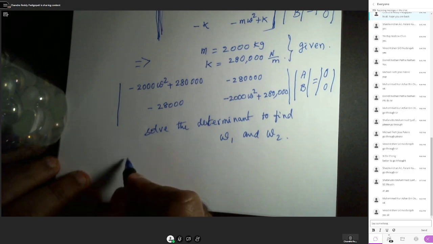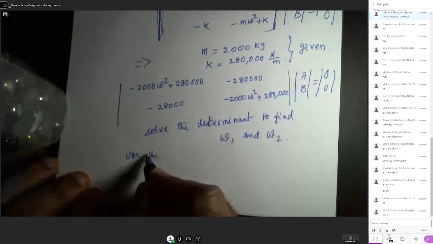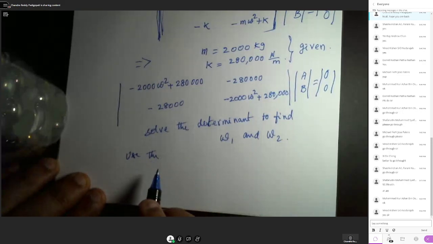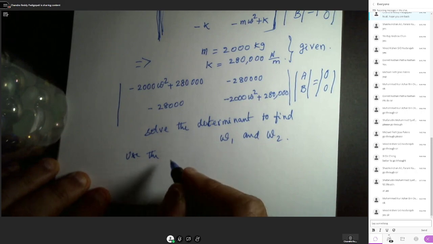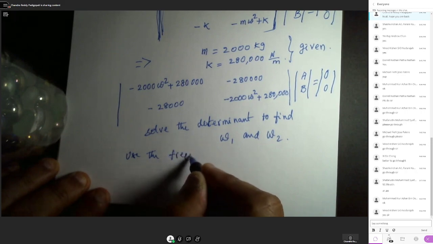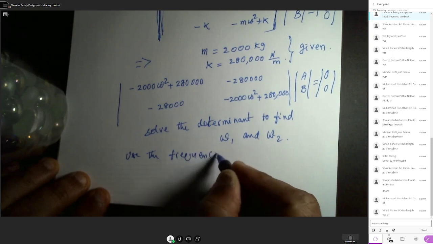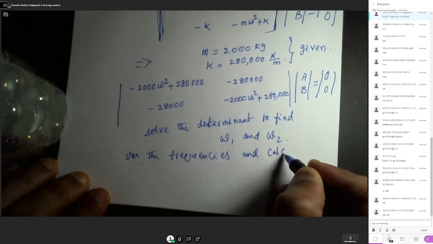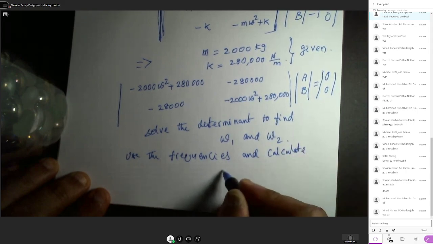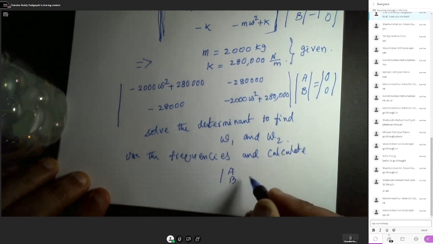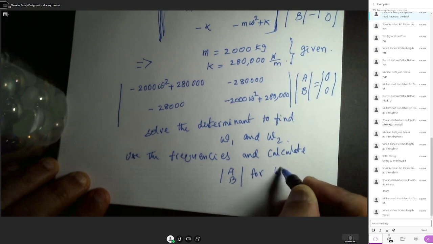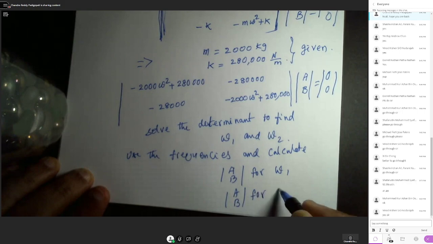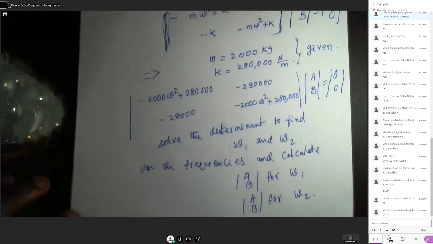Then use the frequencies and calculate A and B for omega 1, and A and B for omega 2.